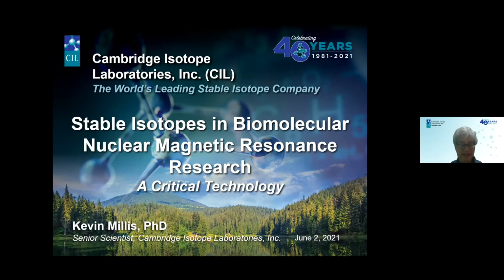But in the end, if you don't have a good sample, all your efforts will be in vain. And nowadays, if your sample is not properly enriched with some set of stable isotopes, you may be in trouble. In fact, you could even say that stable isotopes used in biomolecular NMR is a critical technology.